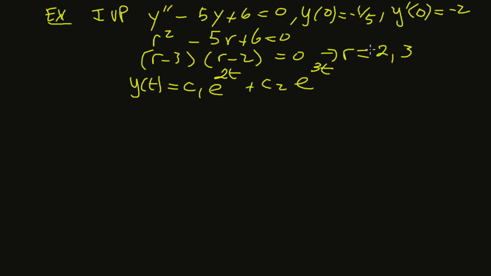Okay. We know we need the derivative, so let's go for it. And that's a C1 times a 2, and that's a C2 times a 3. Okay, so now let's use the first initial condition.